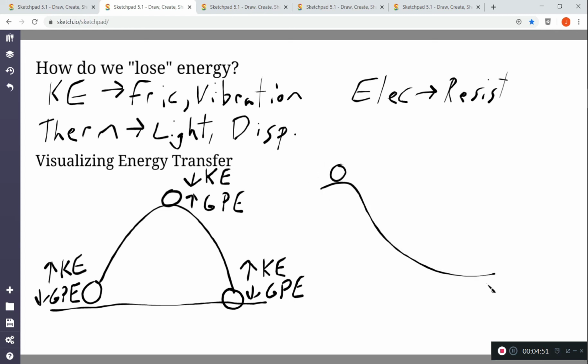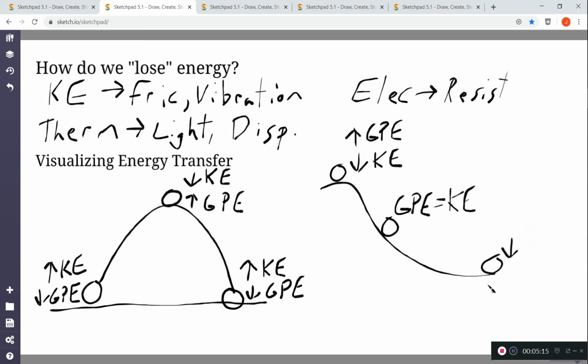Here, we're going to have a point where you have the highest GPE, but as it hasn't picked up speed yet, it's going to have its lowest kinetic energy. In the middle, we might have relatively even gravitational potential energy and kinetic energy. Somewhere in the middle, they'll even out. At the bottom, you're going to have your lowest gravitational potential energy and, of course, your highest kinetic energy. That is why you move faster going down a hill.